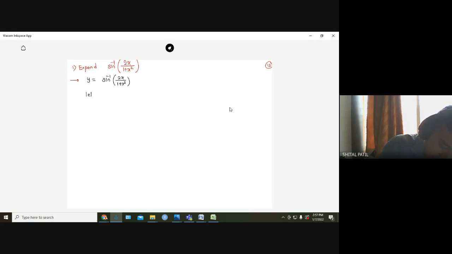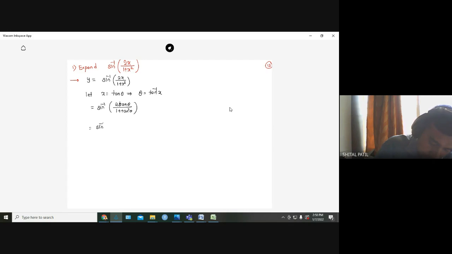Let us substitute x equal to tan theta. So theta is tan inverse x. So it is sine inverse of 2 tan theta divided by 1 plus tan square theta.